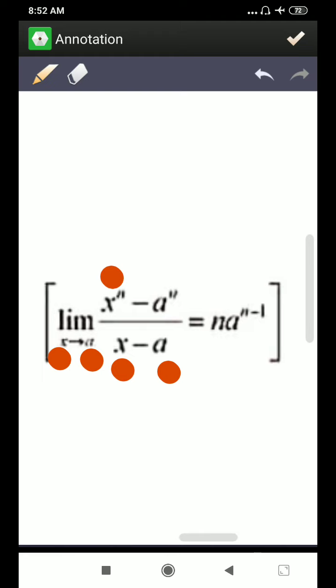The numerator also has x minus a, but equal powers on x and a are given. Suppose the power on x is 5, so the power on a should be 5. So the answer of this limit will be n, the power on x and a in the numerator, into a raised to power n minus 1.